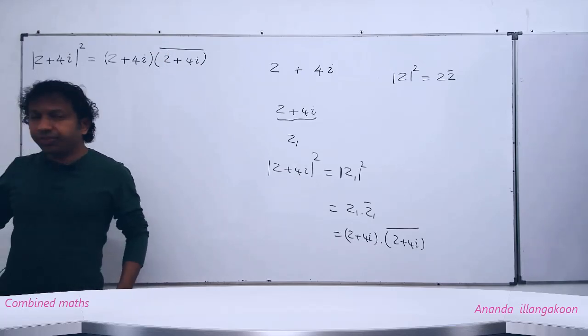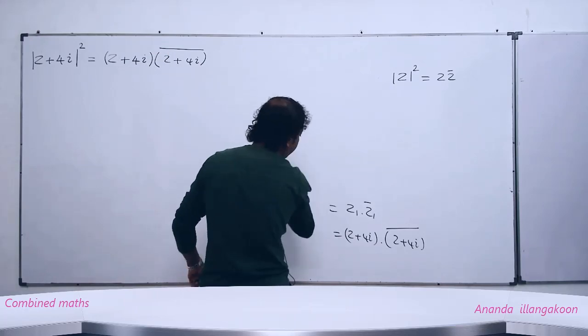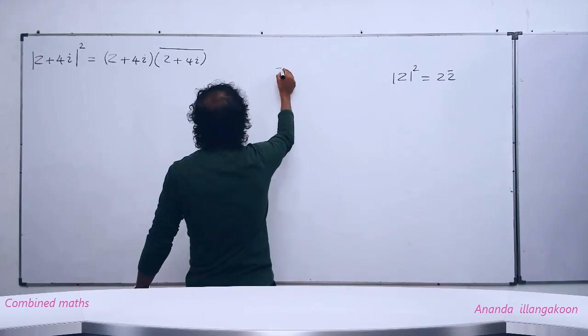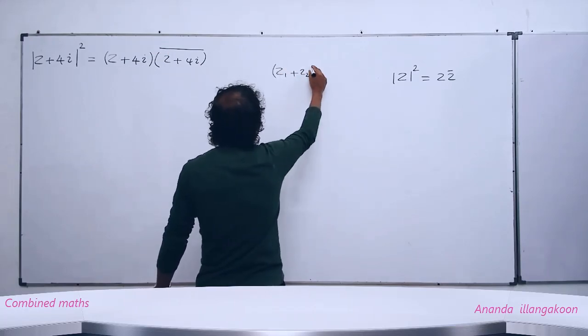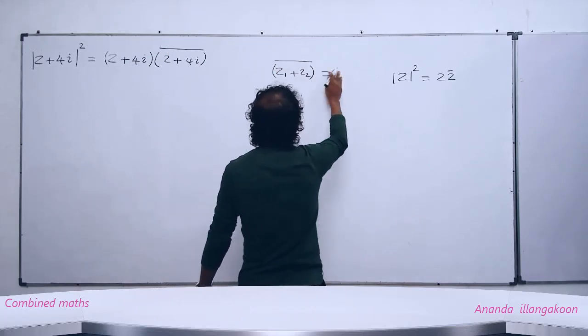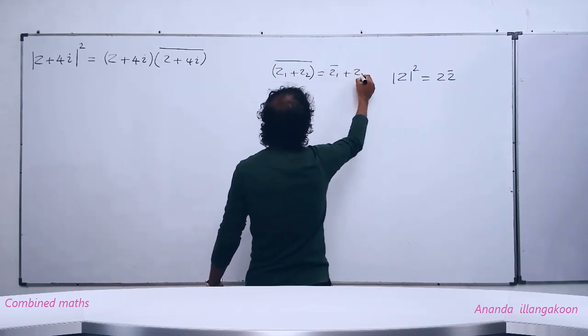Now, people, secondly, we proved another result like this: the conjugate of z1 plus z2 is equal to z1 conjugate plus z2 conjugate.